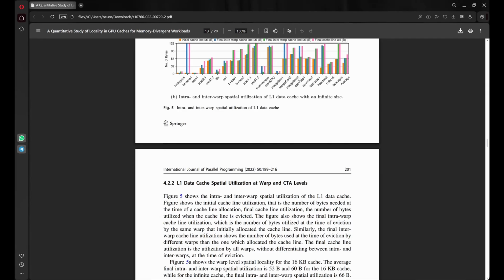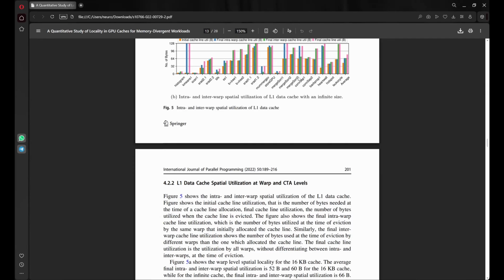So this could be a warp within the same thread block. As I said before, thread blocks are pretty much a collection of multiple warps. It doesn't clarify until a little bit later, because inter-warp is just referring to a thread from any warp that is not the same warp as the thread that brought in the cache line initially.